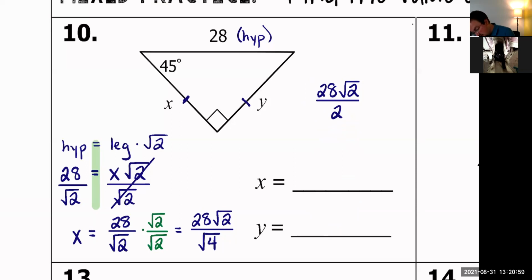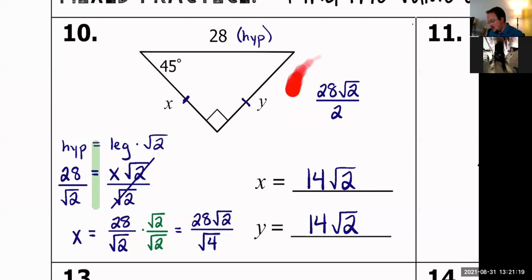So your calculator is also kind of fancy, but if you think about it, the 28 could divide by 2, which is where she's getting the 14 square roots of 2. Now, if you're like, I didn't really notice that right away, but you got me this answer right here. I'm going to work with you on that.